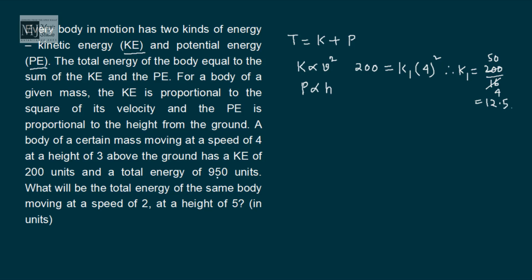And the total energy is 950 units. If total energy is 950 units, that means potential energy should be 950 minus the kinetic energy, that is 750. Now, can I say 750 is equal to another constant K2 into height? Height is given as 3 above the ground, 3 units. That means the value of K2 is 250.